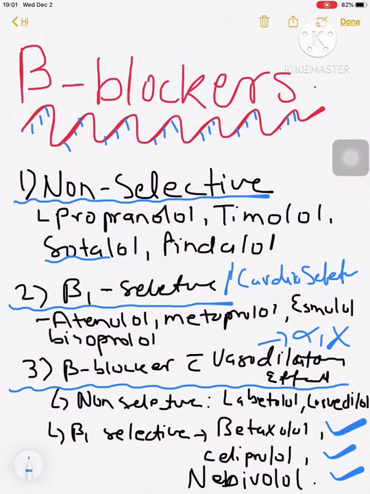Among these beta blockers, pindolol, acebutolol, labetalol, celiprolol, these have partial agonistic activity.